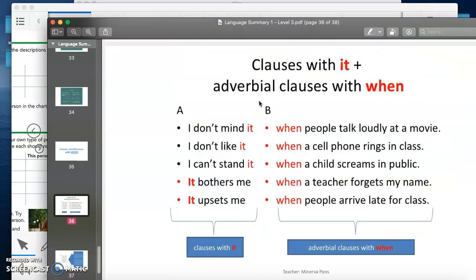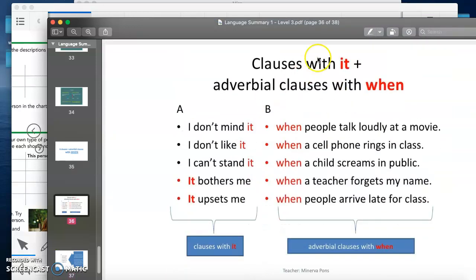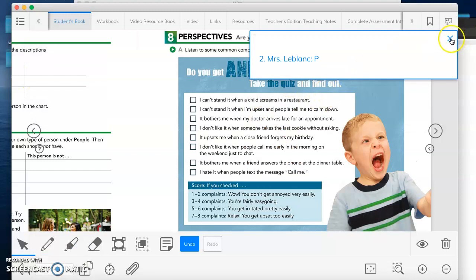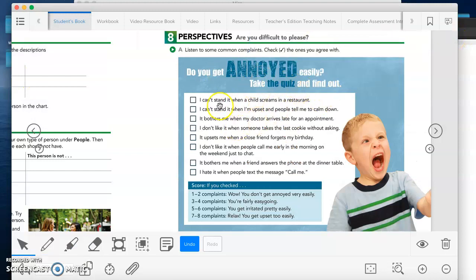Let me show you. These are the clauses with it and the adverbial clauses with when. So basically, an it clause, a clause with it, is of course a clause that has an it in it. So in here, can you guys see any clauses with it?